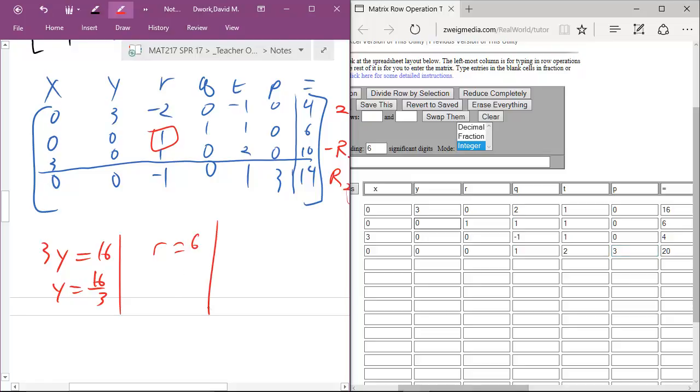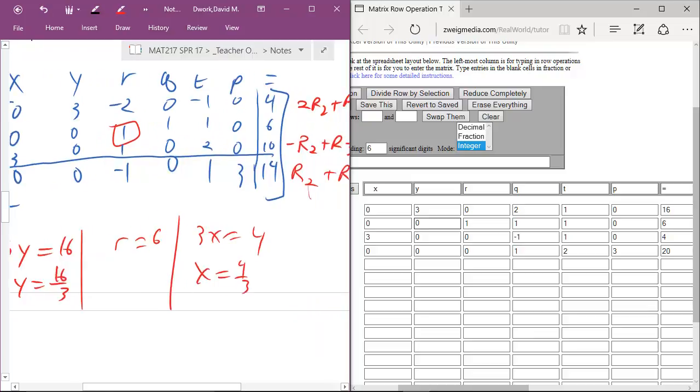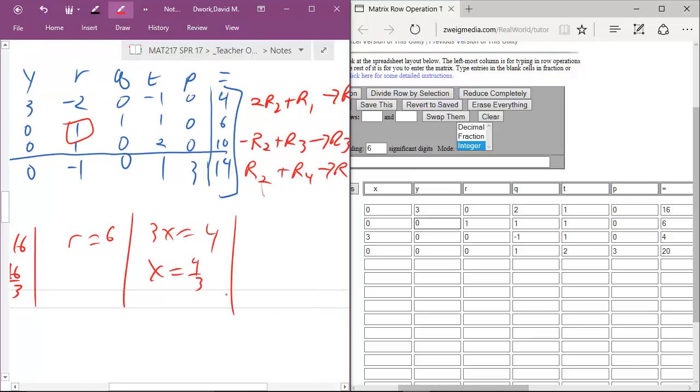We don't really care, it's a slack variable, but it does matter if you wanted to. And then we have 3x is equal to 0, 0, 0, 0. Sorry, let's try again. 0, 0, 0, 0, 0, 4. So x equals 4 thirds. And last but not least, 0, 0, 0, 0, 0. 3p is equal to 20. So therefore p equals 20 thirds.